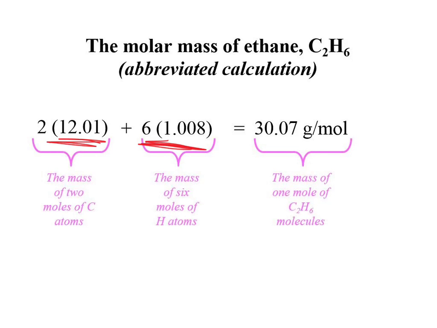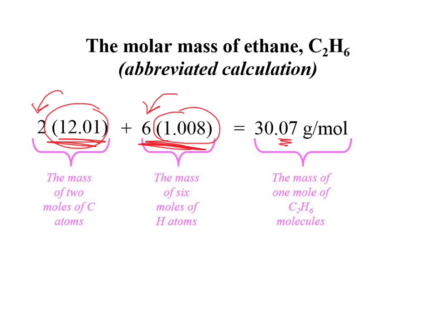I just simply take how many carbons are in the molecule times the decimal number for the element, plus how many hydrogens are in the compound times the decimal number for hydrogen. And then I add it all together, round to 2 decimals.